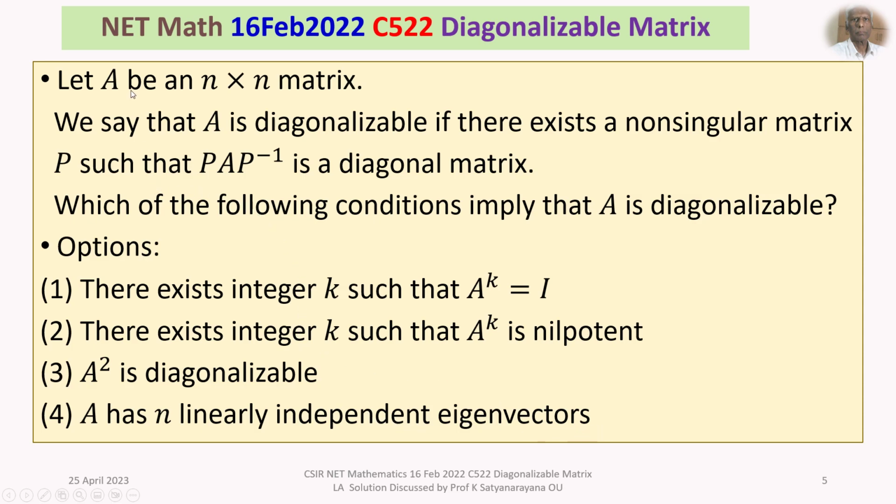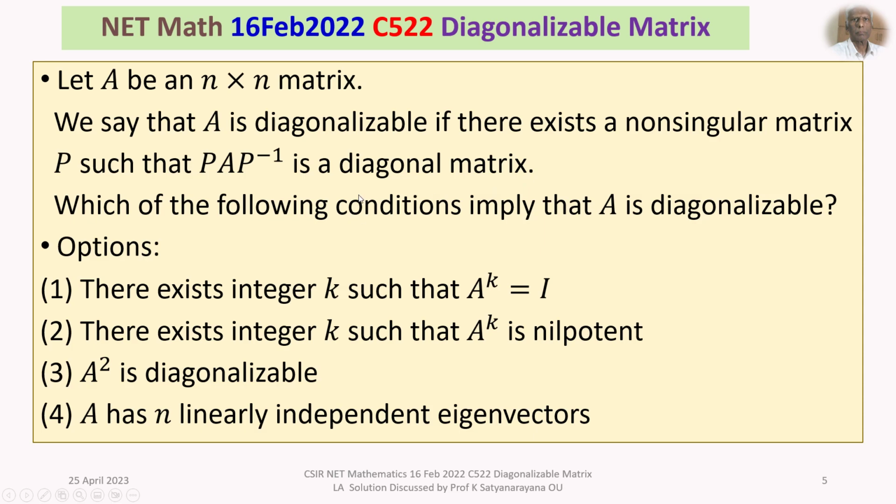We are given an n by n matrix capital A, and we are given the well-known definition of the diagonalizability of a matrix. So when do you say a matrix is diagonalizable? If there exists a non-singular matrix P such that PAP inverse is a diagonal matrix.